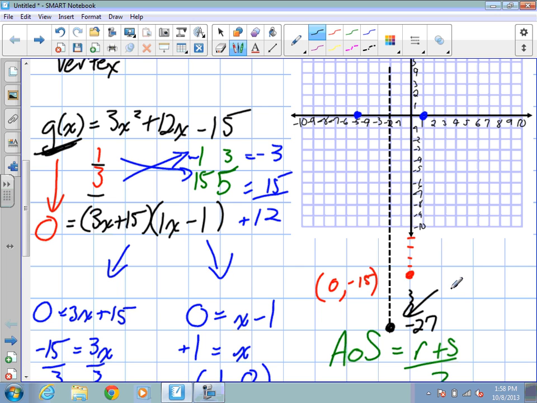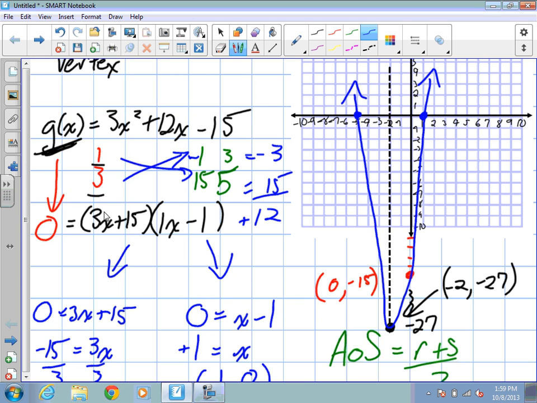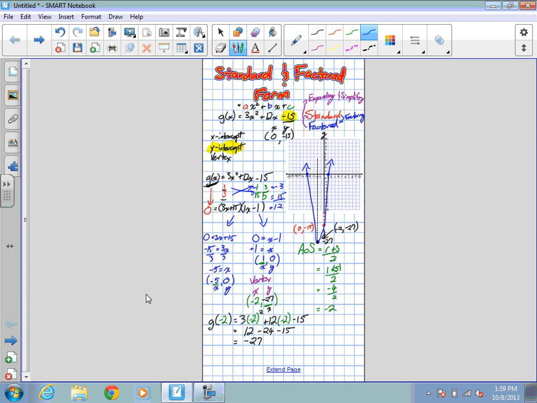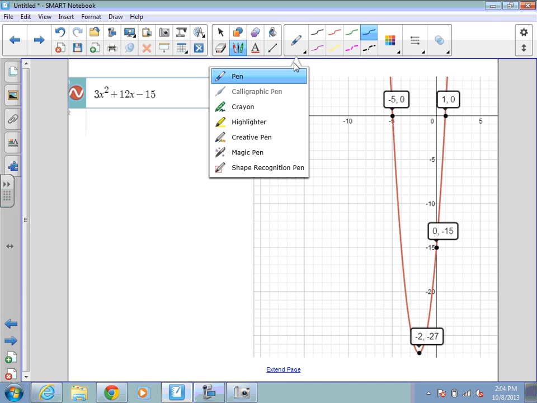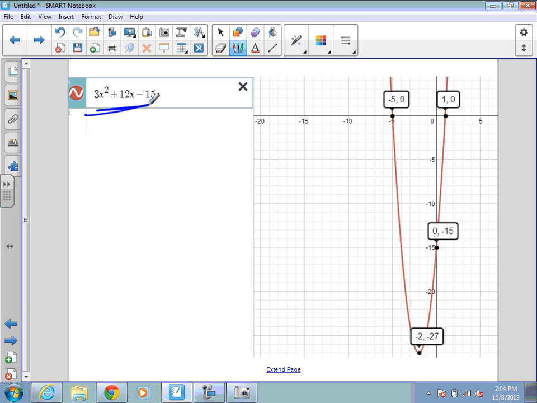So if we were to connect these dots, our parabola essentially does this. It's not the best drawn one. But this is what we're looking at. And I'll actually show you on a graphing calculator, if you just give me a second. So here's a much better description of our graph. Here it is in standard form. We have our two X-intercepts, our Y-intercept, and our vertex.